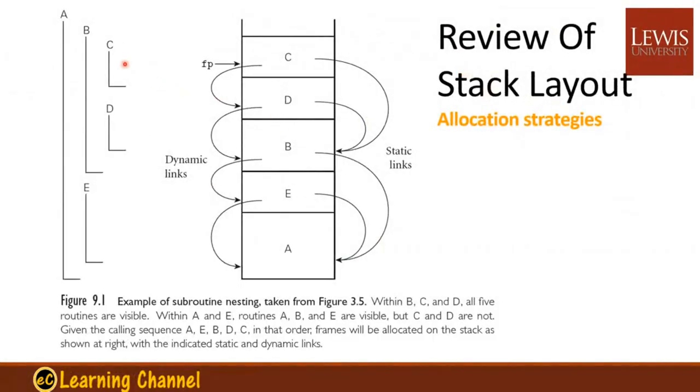So, a review of the stack layout. Basically, we have function A calling B, and B calling E first, and later we call B again, and then B will call D and C. So basically, you have a calling structure like this, and we have a frame pointer that points to the current call frame, and then each call frame may have a static link to the previous call frame in order to get a reference to the variables of the previous call frame.